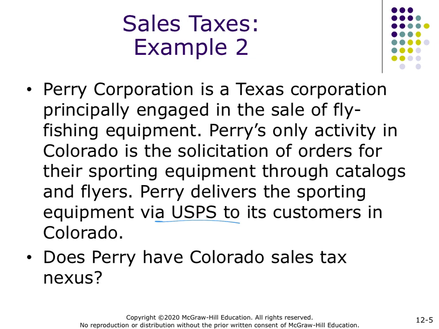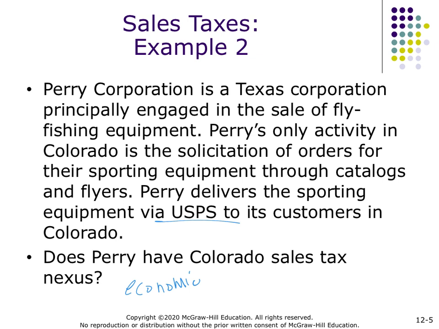It is important to realize, though, that this world is changing. Five years ago, they would not have had nexus, no way, no how. Currently, they can establish economic sales nexus if they meet a sales threshold. And right now, as a result of the Wayfair decision, that economic nexus threshold is $100,000 in sales or 200 sales transactions.